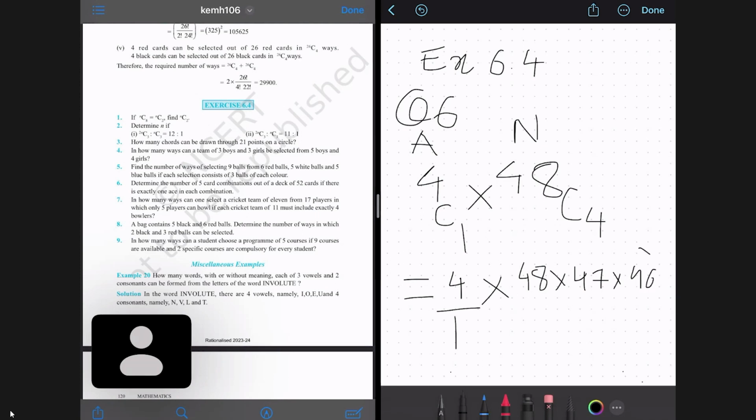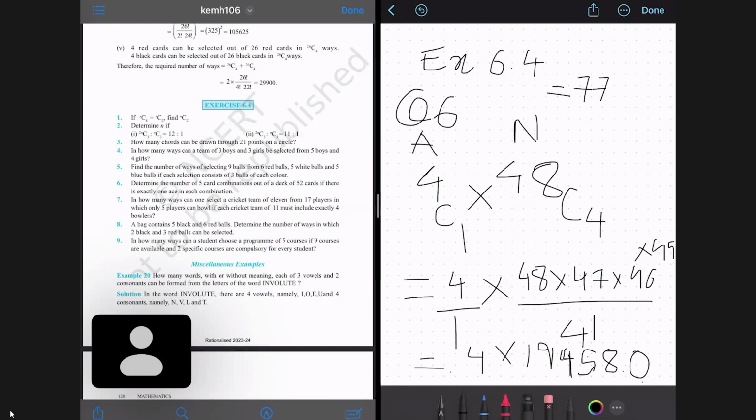When I solve this, the final answer is equal to 4 into 194,580. And when you solve this, the final answer that you arrive at is 778,320. And that is your final answer.